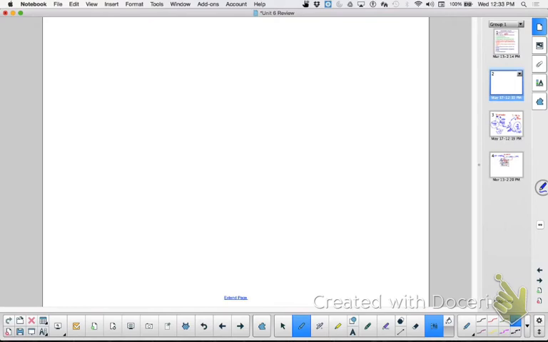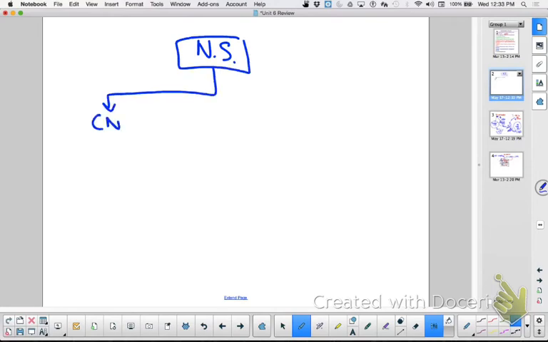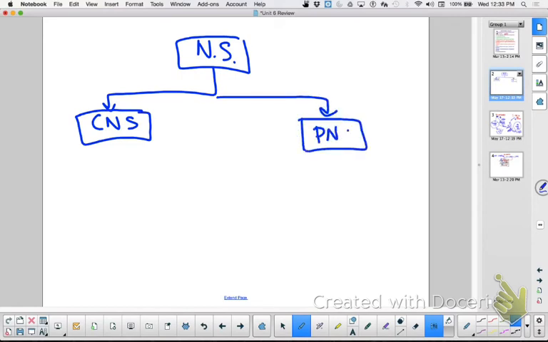So we have our nervous system, and it's broken down into your central nervous system and your peripheral nervous system. We good on that? Your central nervous system is broken down into what two things? Brain and spinal cord, right?